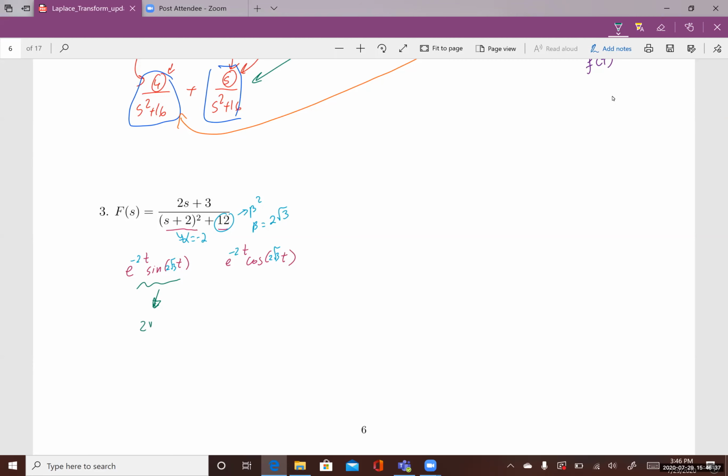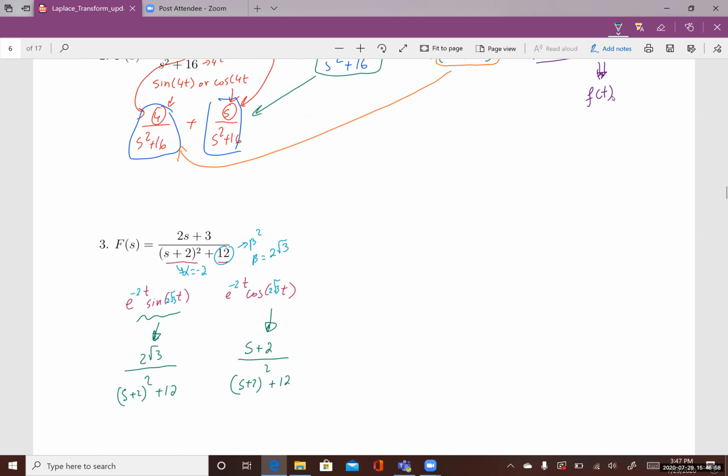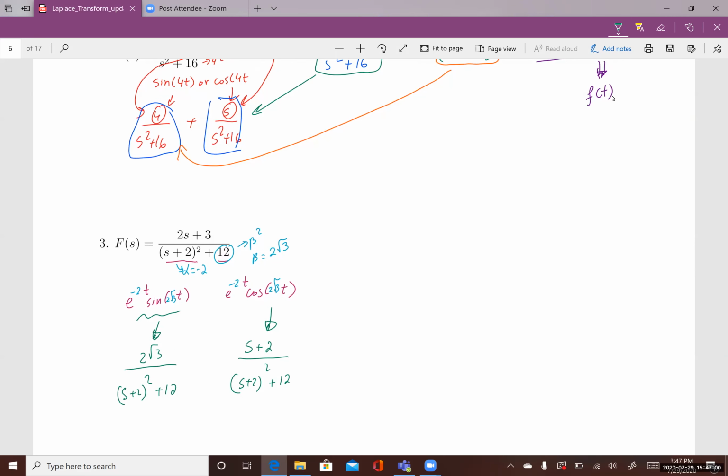Beta, which is 2 square root of 3, over s plus 2 squared plus 12. And this should be s minus alpha, which is s plus 2, over s plus 2 squared plus 12. Okay. How can I extract these two correct forms from here?